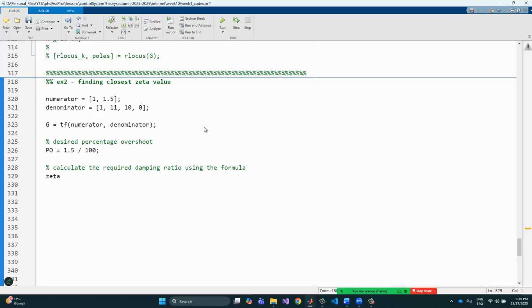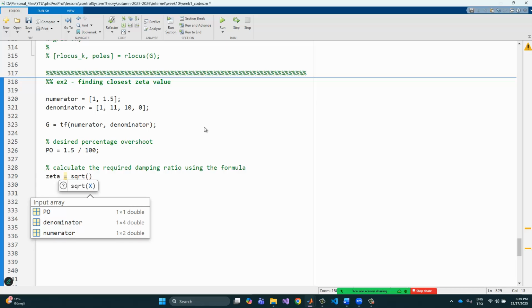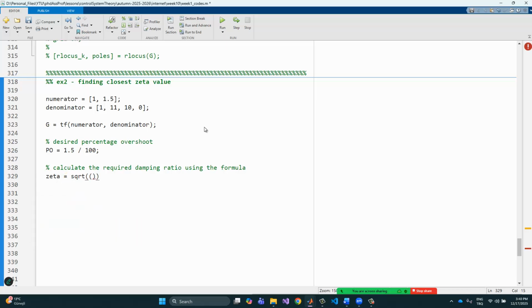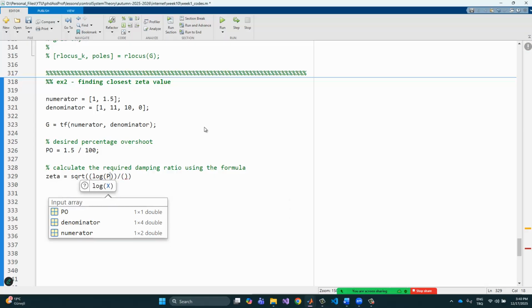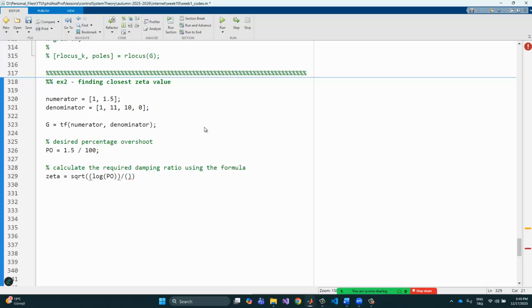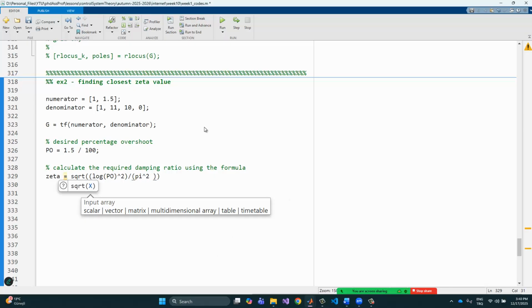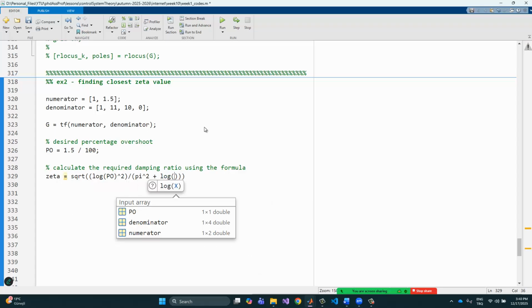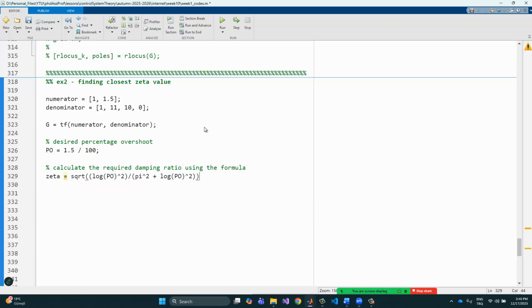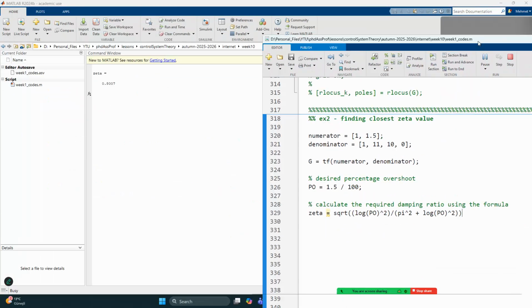And so the zeta is equals to the SQRT values of the what? First of all, we need to give the parentheses divided by parentheses, log PO over 2 and pi square plus log PO square. Okay, these are the zeta values.